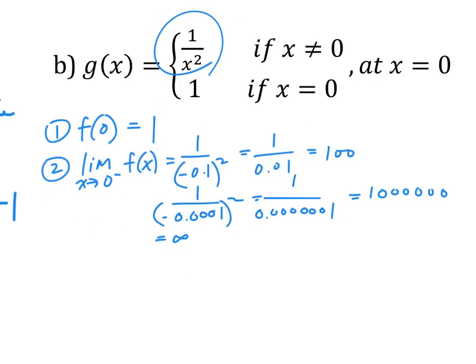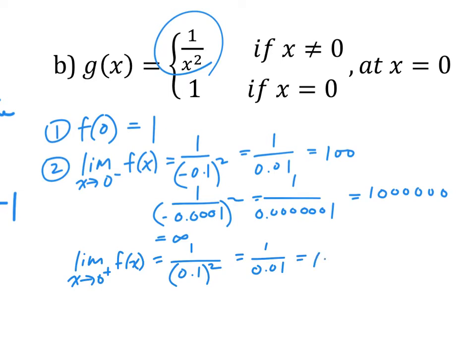And if we do the same thing with x goes to 0 from the positive side, we're going to see the same thing too, right? We're just putting in a positive number, but it's squared, so it doesn't really matter. So eventually it's infinity as well. So both sides are going to infinity.